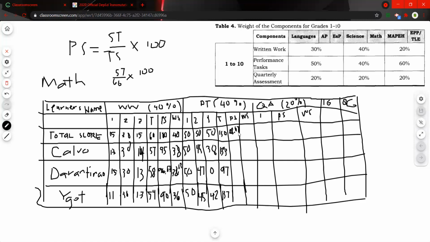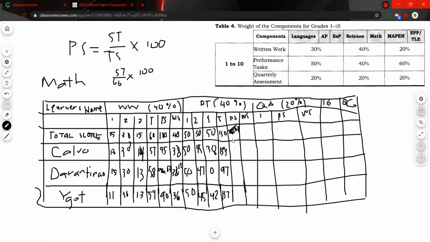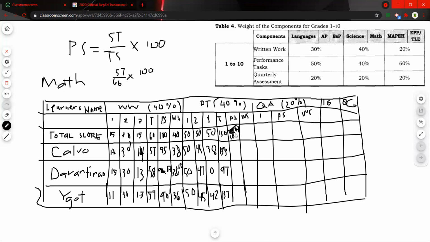88.67. This one is 100, since it's 100 out of the total score. Then for Calvo, that is 88.67.